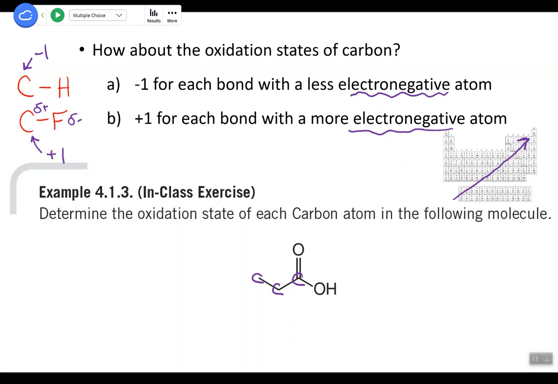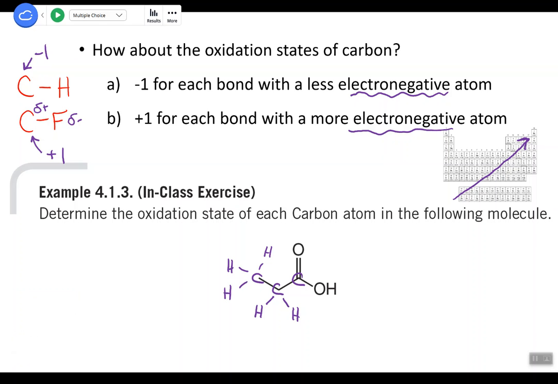In organic chemistry, we don't draw in the hydrogen atoms because it gets really monotonous and boring. But as good scientists, we know that those hydrogen atoms are there. So the first step is to draw in those implied hydrogens so that we can then analyze the oxidation numbers.